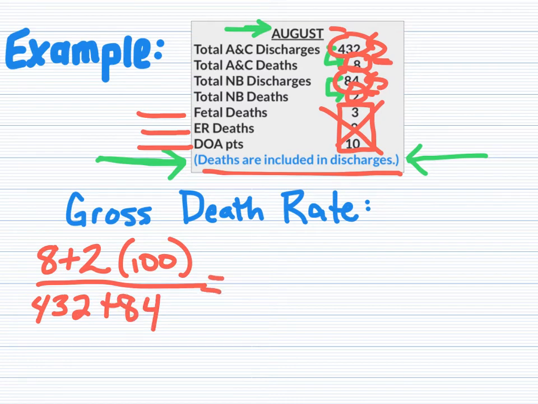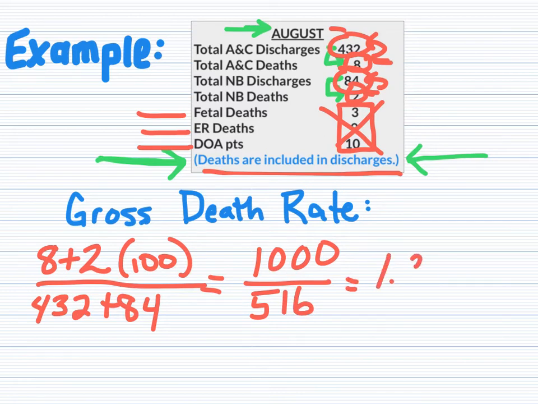This will give us 10 times 100 is 1,000 over 516. That is 1.937. Let's go ahead and round that percentage to 2 decimal places. 1.94% is our gross or hospital death rate.